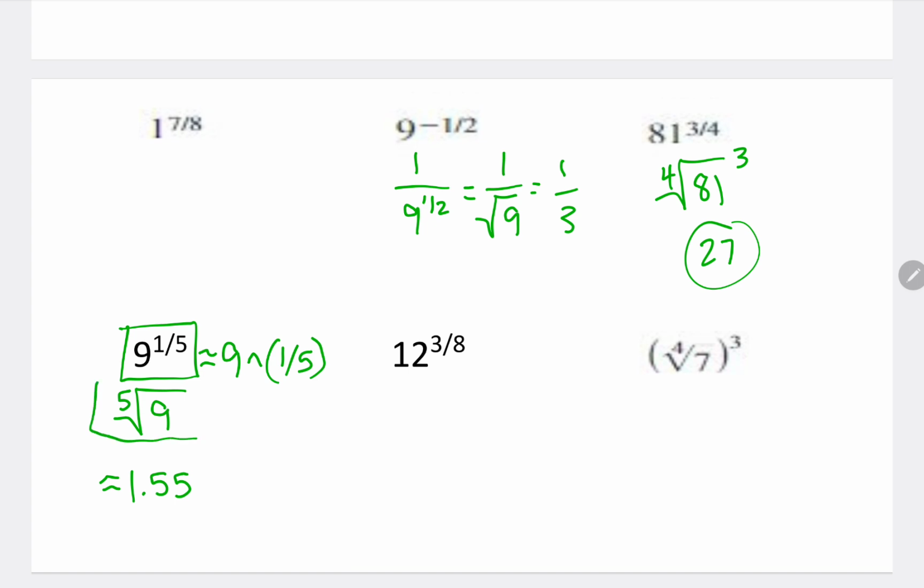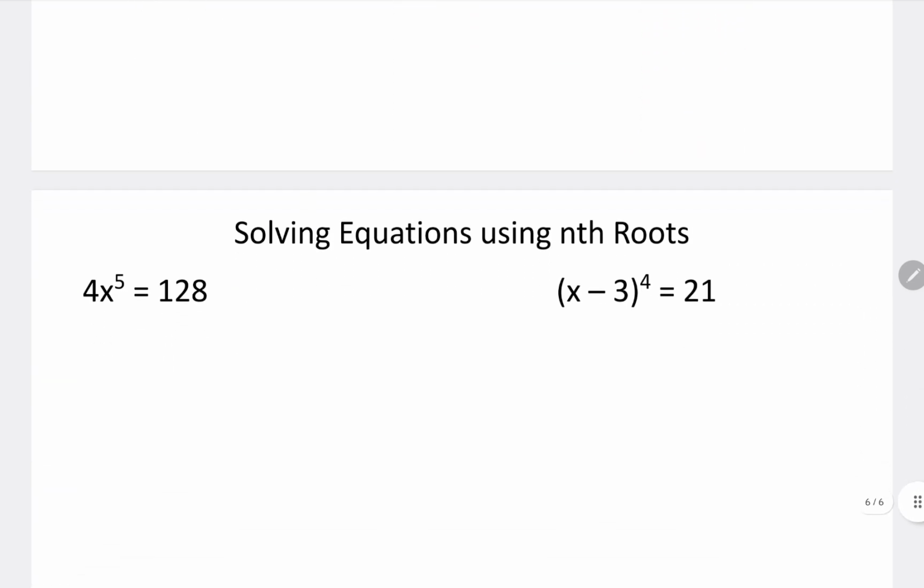There's also a way to do it with the radical. You just have to look for that special radical button. But if we're looking over here, I think it's easier to type this into your calculator because there's no 4th root of 7. So you would need to use your calculator on this. It's easier to type it in as 7 to the 3/4 power than to try to type it in as a radical. So just a little tip there.